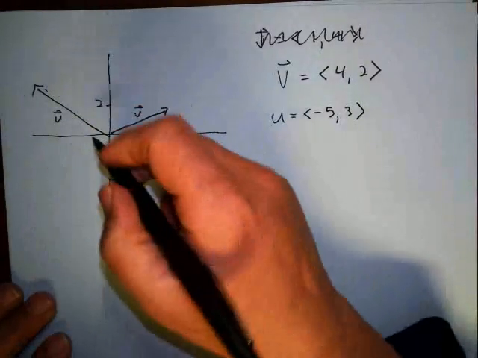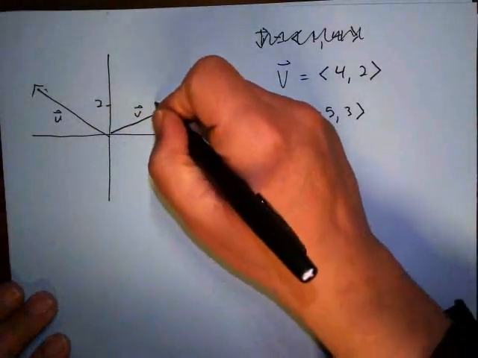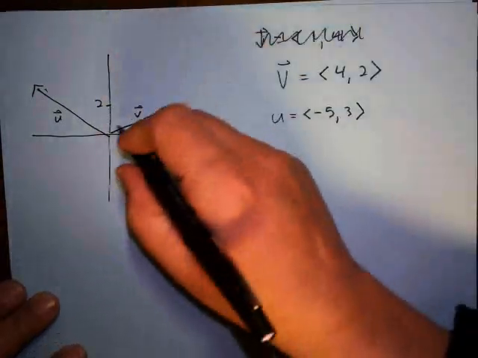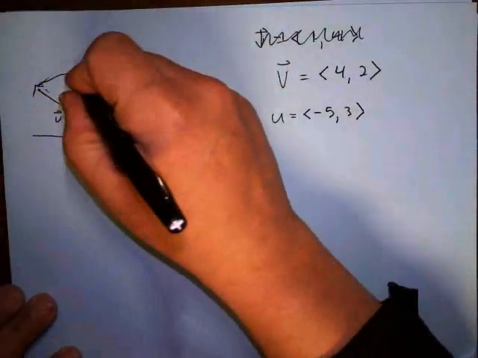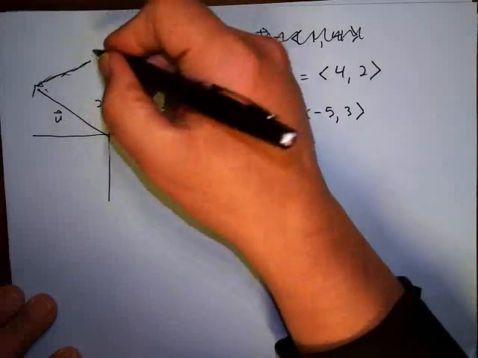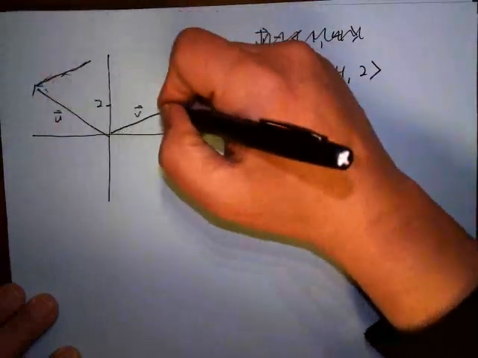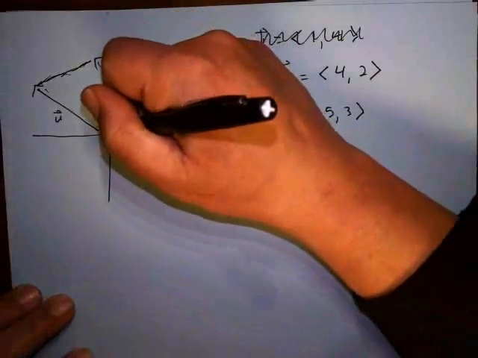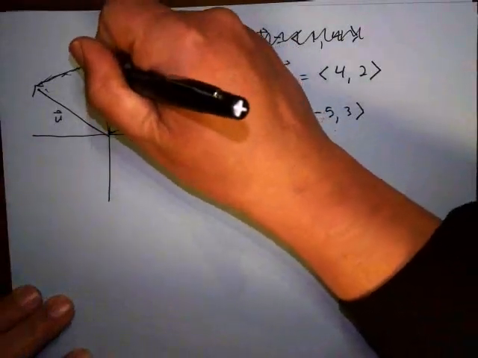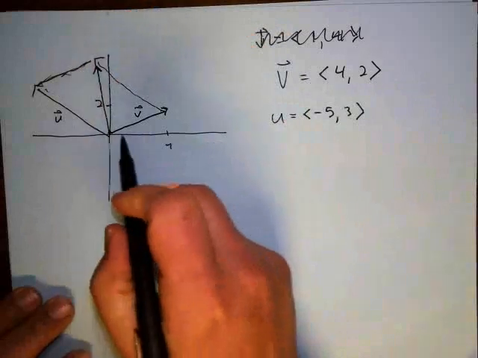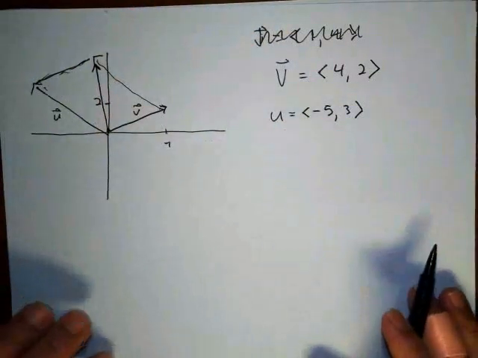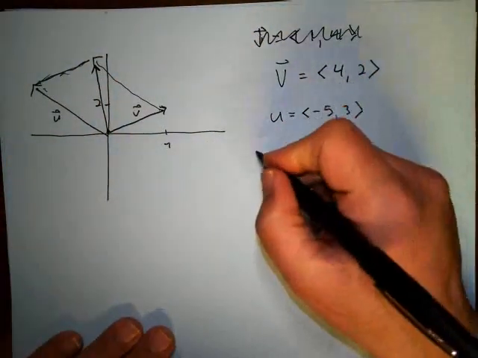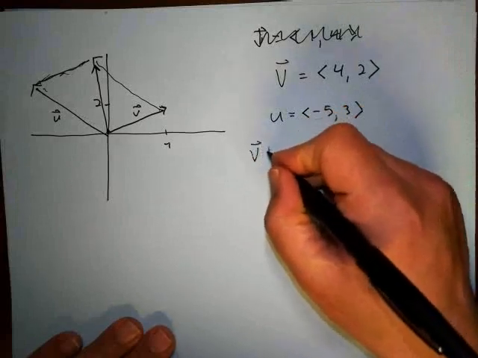Okay, so if I put this on, we do the parallelogram rule, so this on here would be like this, and then this one here would be kind of like this, and then the resultant vector would go from here up to here, and then what we would be using would be the law of sines and cosines like we did in the last chapter, but now I'm just going to add the components.